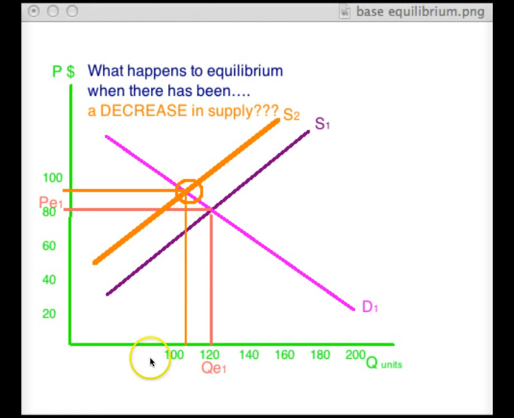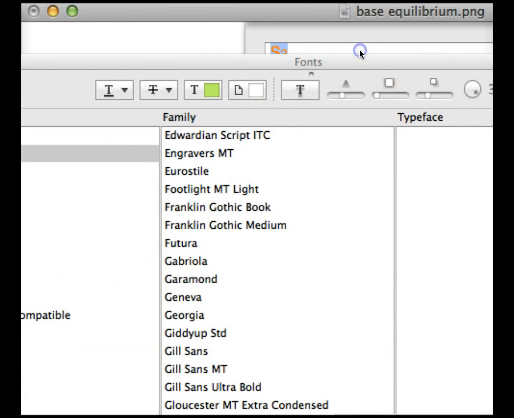So our new equilibrium price and quantity again show opposite moves. We can see that what's happened here is that from the old price, we've moved up, so price has increased for equilibrium, but quantity has decreased. So there have been moves in opposite directions.